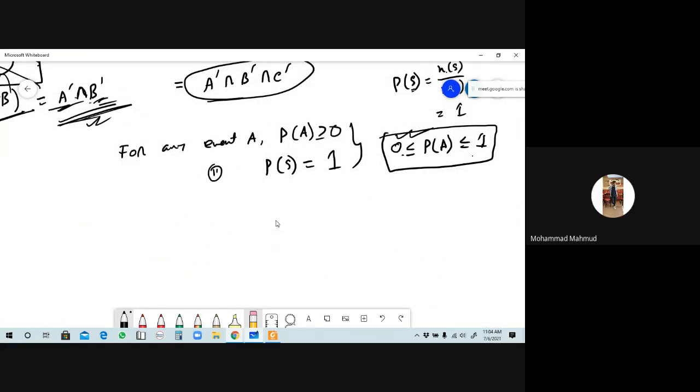Ai intersection Aj will be the empty set, where i is not equal to j. For any two different sets, the intersection will be phi. Then the sets will be called disjoint sets.